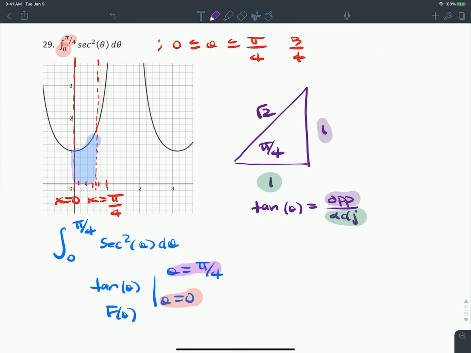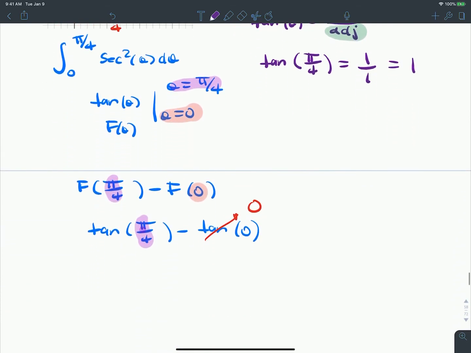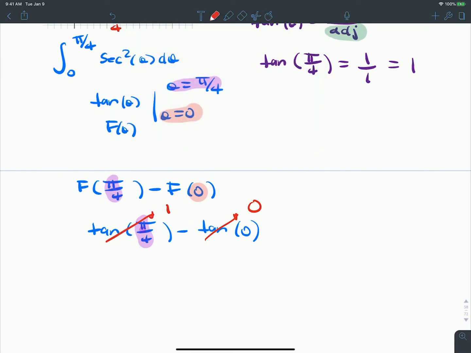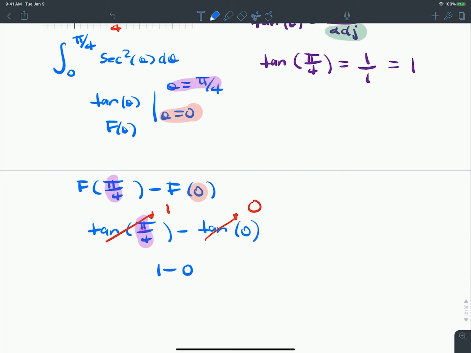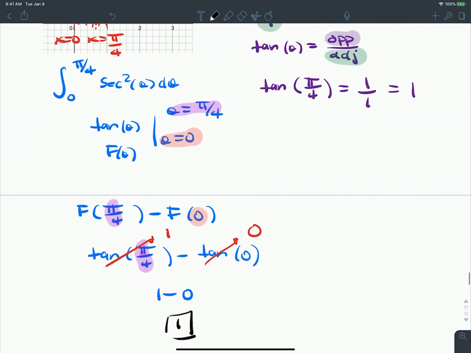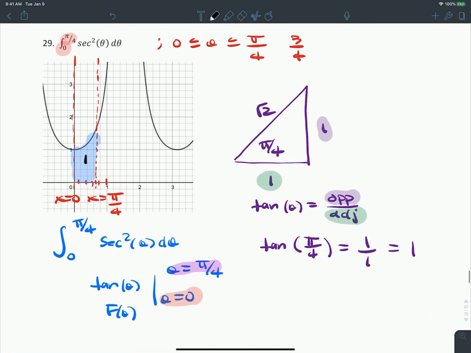So tangent here of 45 will be 1 over 1, which is just 1. So this answer is 1. So now 1 minus 0 will be 1. So the area under this curve here is the value 1.